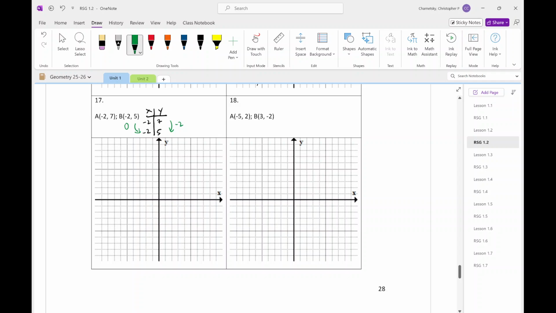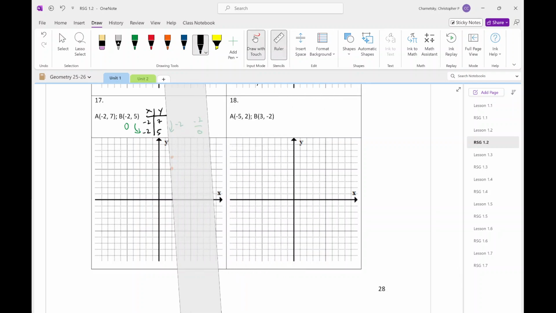So this would be negative 2 over 0, or an undefined slope. Well, this is going to make sense when I actually graph these 2 points. So negative 2, 5 is right here, and negative 2, 7 is right there, and this is going to graph to be a vertical line, like so.